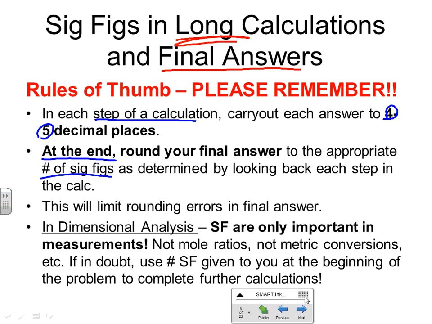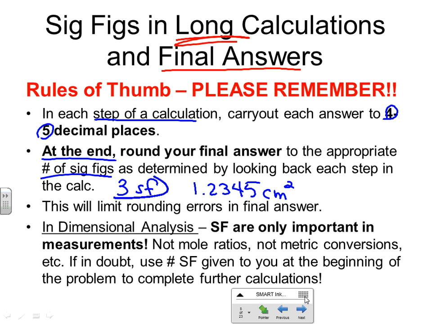So look back at each step. If you multiplied, you count the least number of significant figures. If you added or subtracted, you count decimal places. You can just go back and track your decimals or your sig figs, and record your final answer. Say your number of sig figs should have been 3 sig figs, but you had a final answer of 1.2345 centimeters squared.